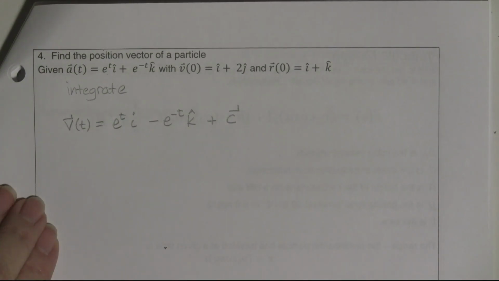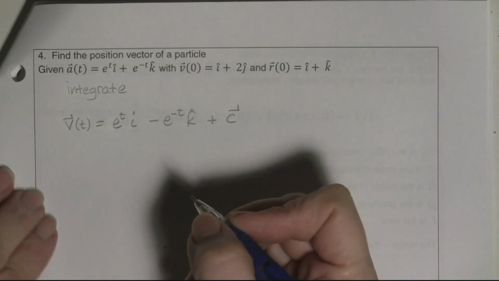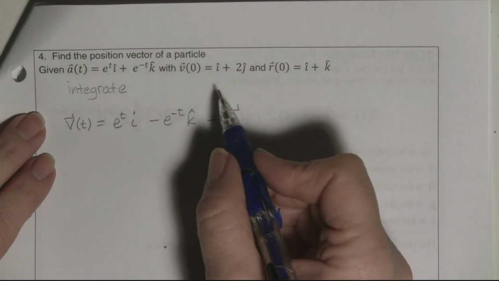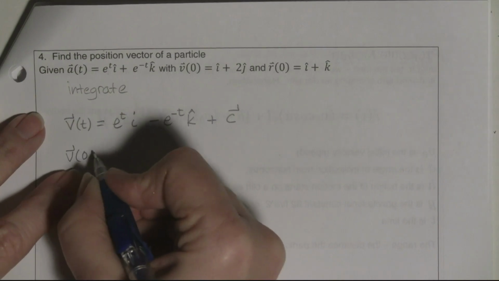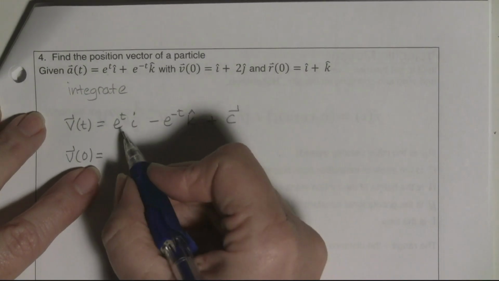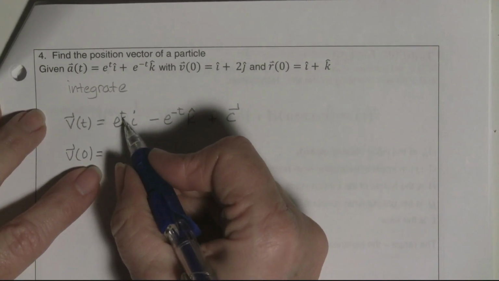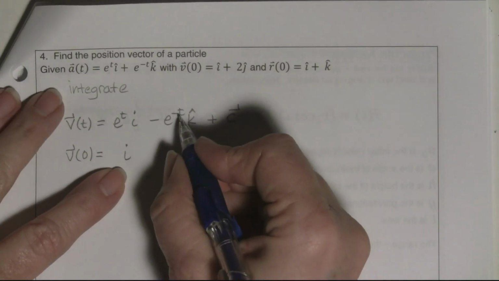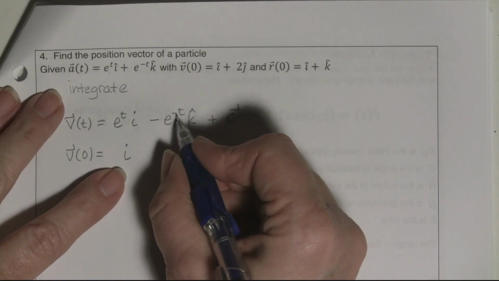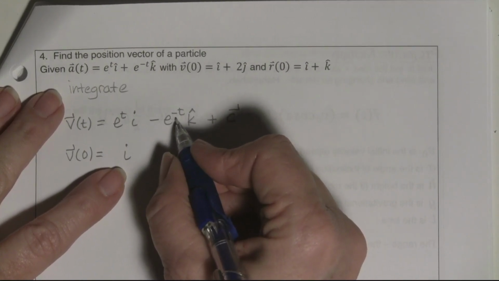And so then we can use our initial value here. So we know that the velocity at 0 equals, now if we put in t is 0, e to the 0 is equal to 1. So this would be i. e to the negative 0 is 0, is 1.